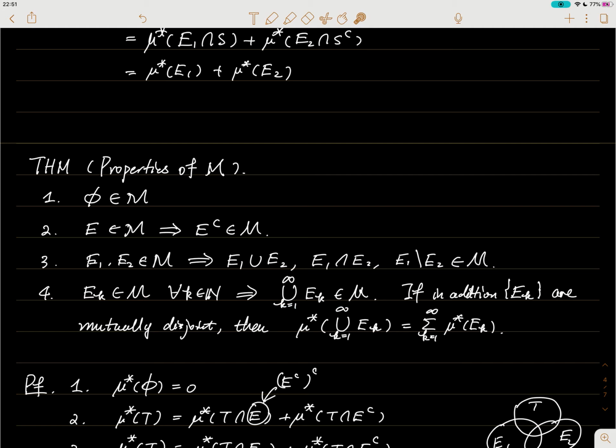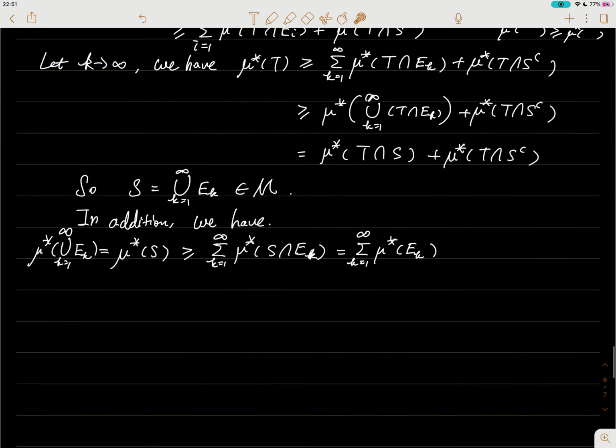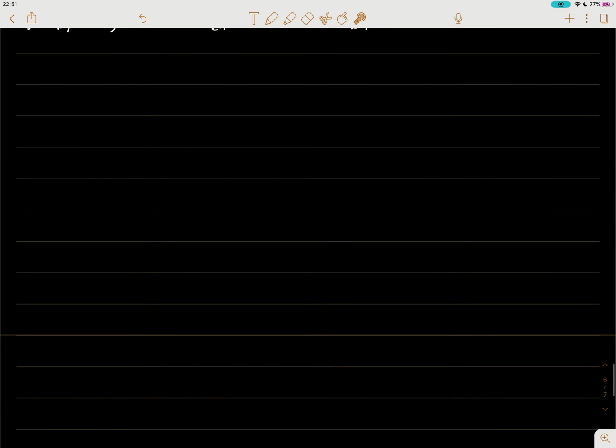So you have these three, that means the M here is actually a sigma algebra. And this sigma algebra is the collection of measurable sets, and this M is actually called the Lebesgue measurable sets. Okay, so that's the definition we're going to give.